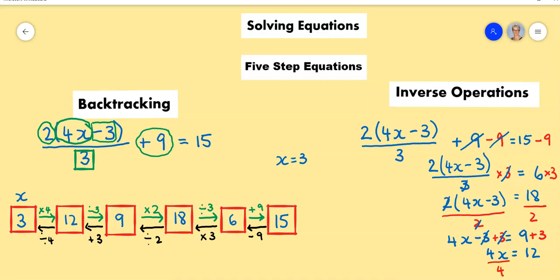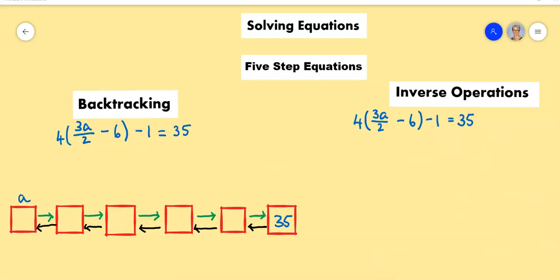So we're going to divide both sides by 4 now. Multiply by 4 and divided by 4 will cancel out. 12 divided by 4 gives us 3. So our final solution to the equation is x is equal to 3. The same solution that we got when we solved using our flowchart and backtracking.